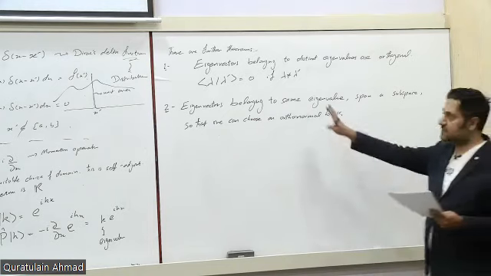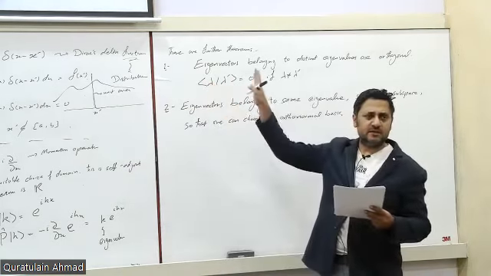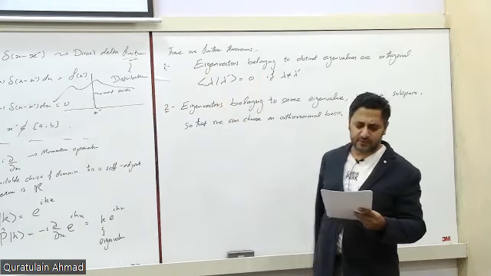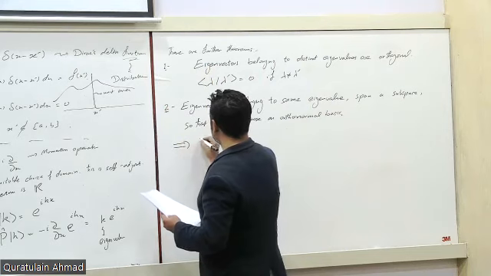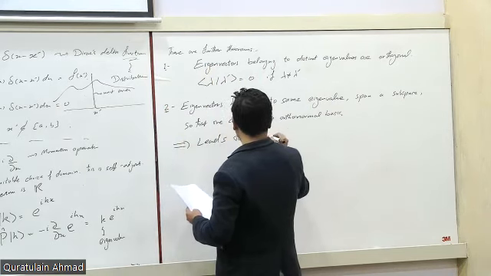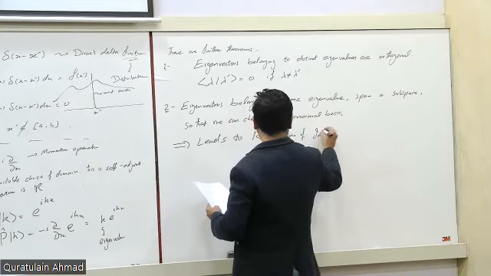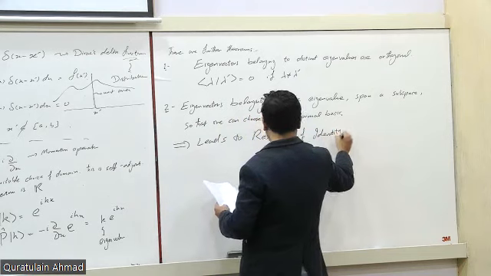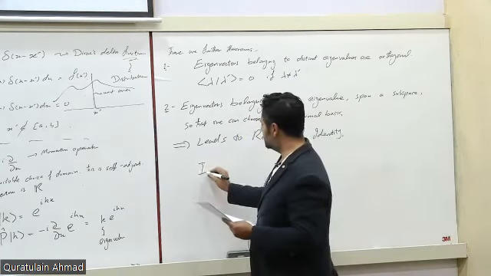So all of this, that they are real, they are orthogonal, they are subspaces if the eigenvalue is the same, leads to the resolution of identity. This is the most basic object to do various manipulations.